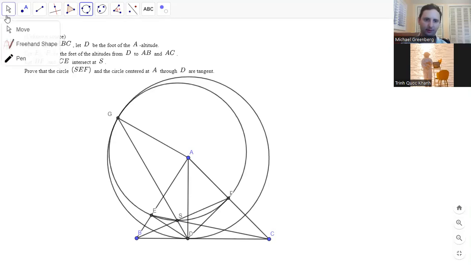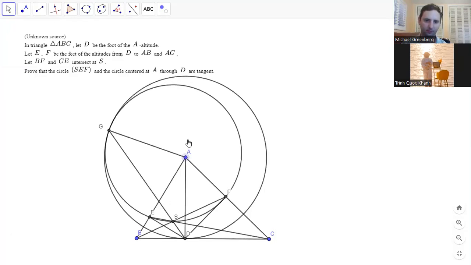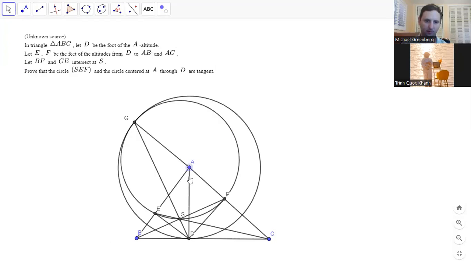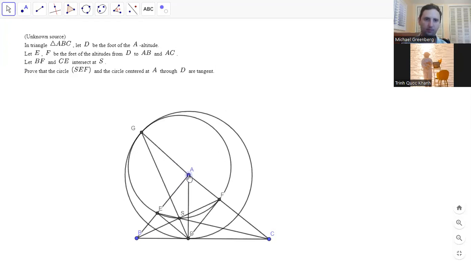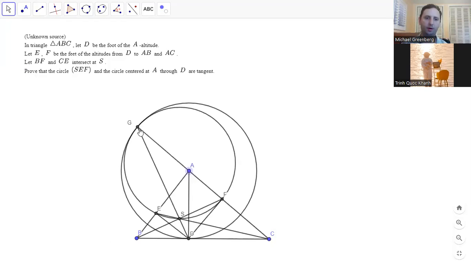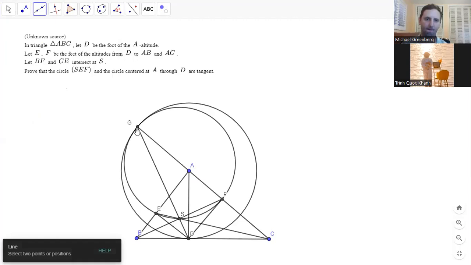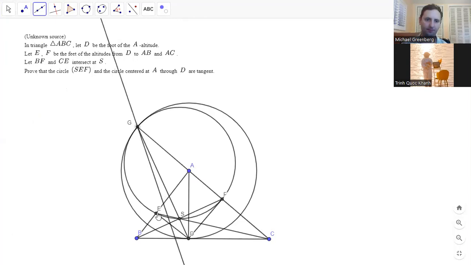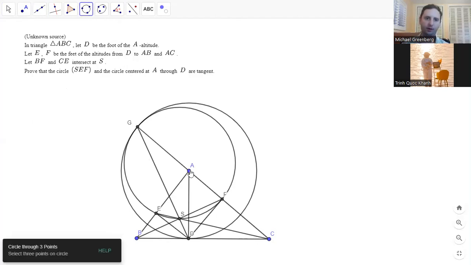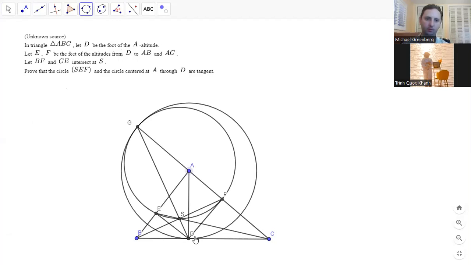It almost looks like, I don't think DE and DF are tangent to that circle. No. So yeah, basically we want to show there's a homothety at G taking one circle to the other. We know AEFD is cyclic because it has two right angles. And AD is the diameter, so we know it's tangent to BC.